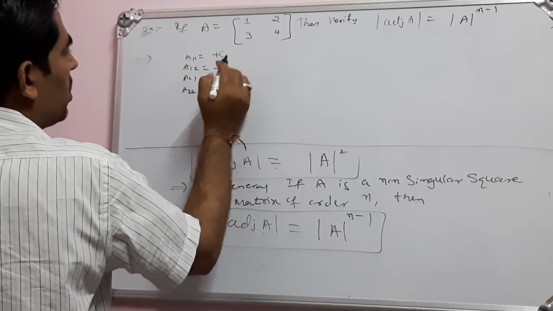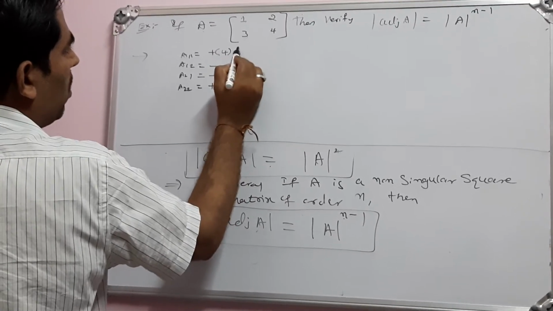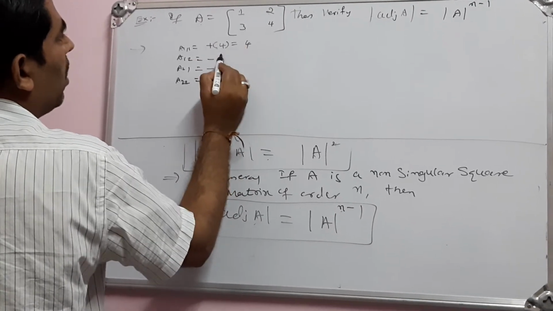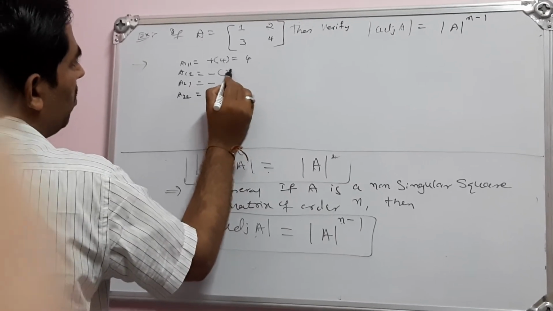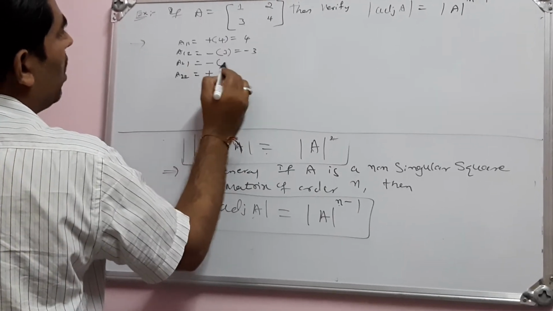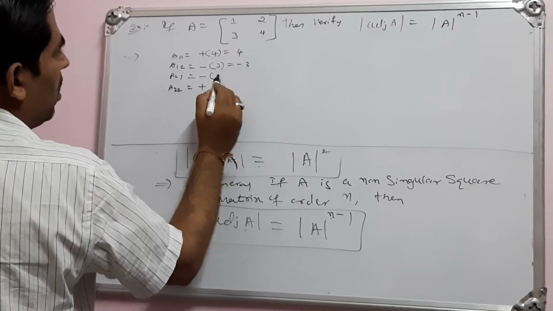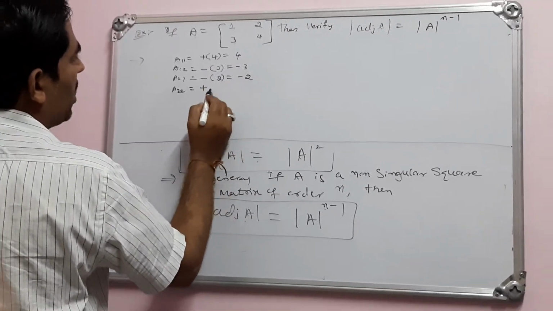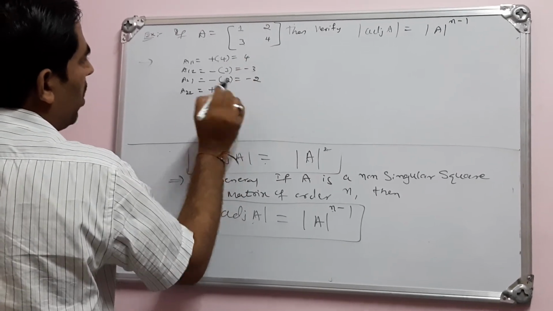For A11, you leave this row and column, you get 4. For A12, the sum of indices is odd, so it is minus, and you get minus 3. For A21, minus 2. Then A22 is 1.